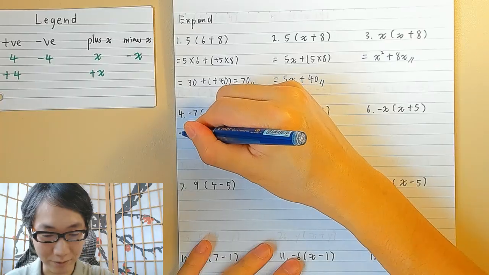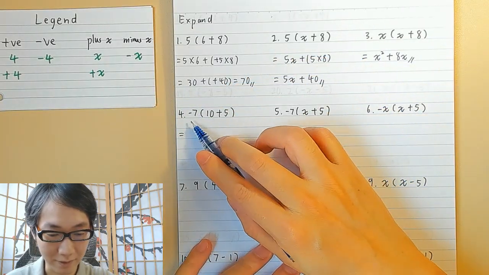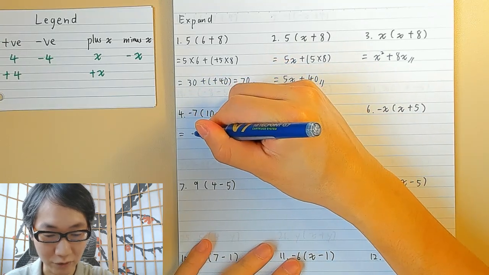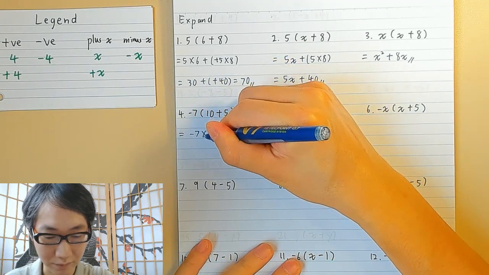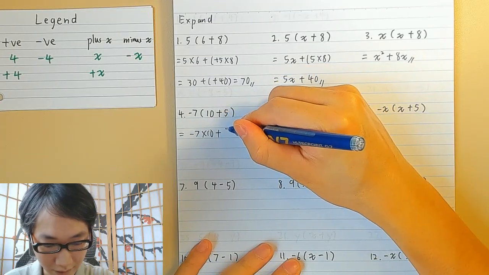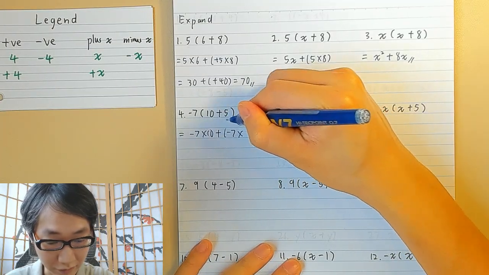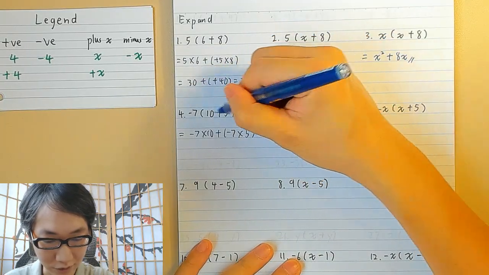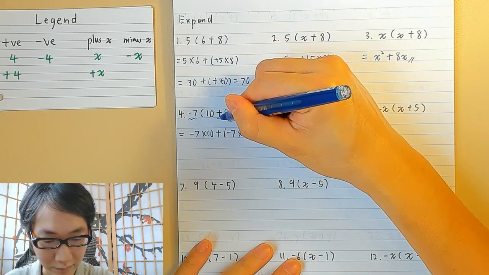Number 4. Negative 10 times 10 will be the first term, and negative 7 times positive 5 will be the second term. So the second term is negative 7 times positive 5.